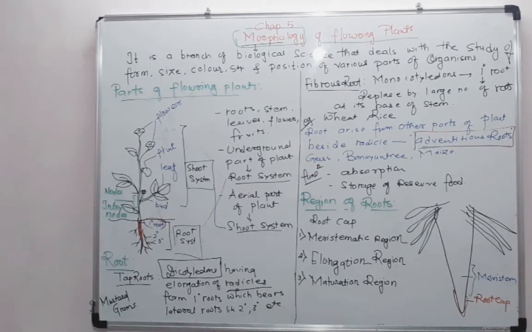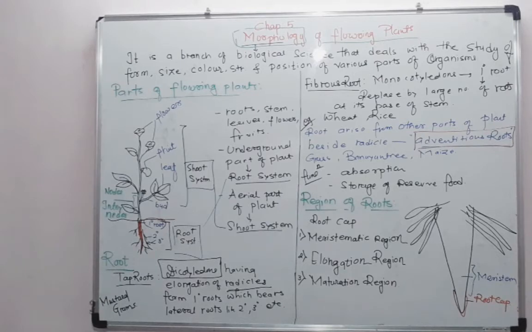Apex of root is covered by a thimble-like structure, root cap, which protects the apex of the root. Above the root cap, region of meristematic activity. They have small cells with dense cytoplasm, and they are continuously dividing tissue which helps in what? Length, right? Growth of plant.